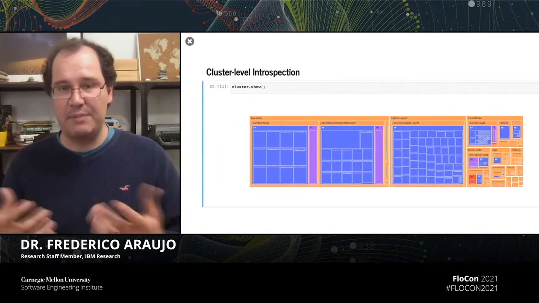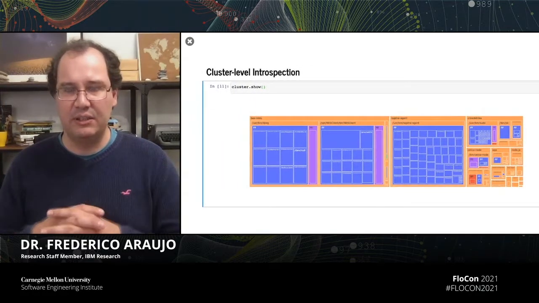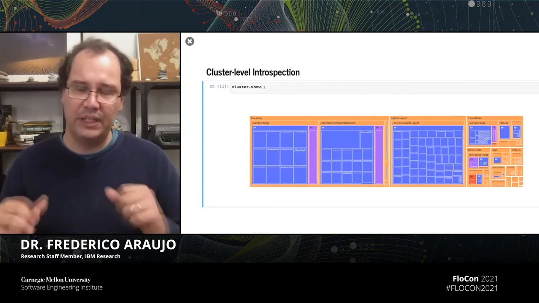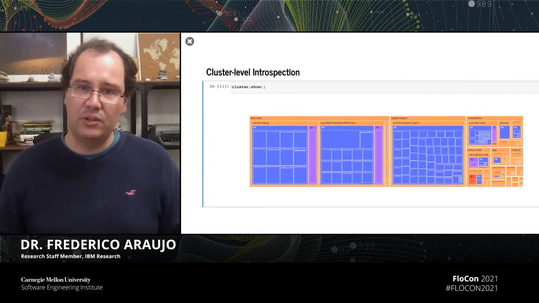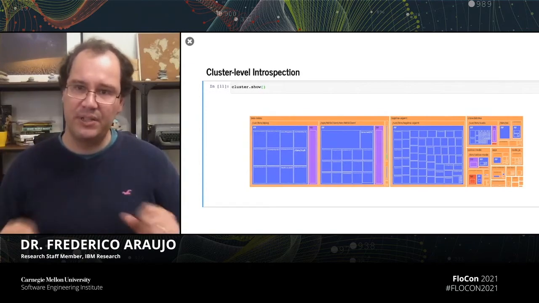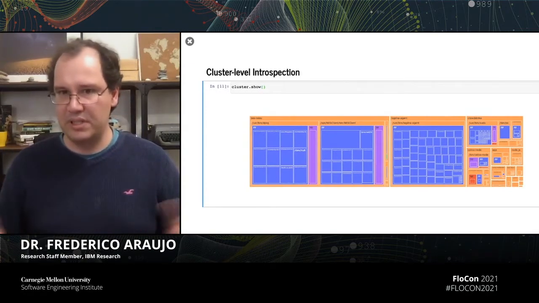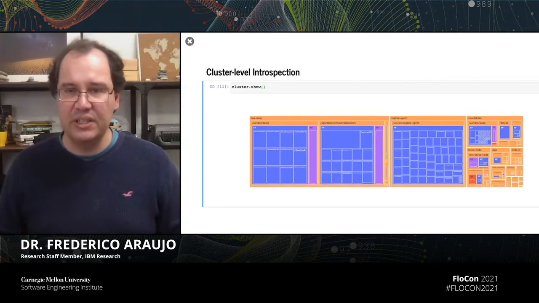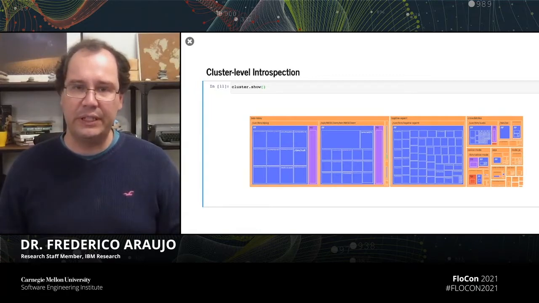Another interesting aspect of this new approach of doing analytics is to look at all the different dimensions that you have in a given, for example, endpoint. So here we have a cluster that runs Kubernetes, and this tree map basically illustrates all the different containers that are running in this cluster.